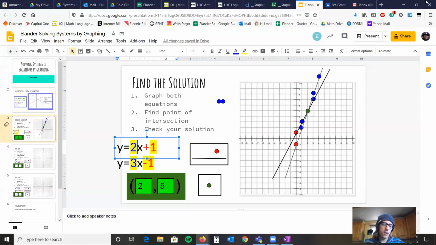We take our answer, our coordinate pair, and what do we do with it? Go ahead and answer in the chat. What do we do to check our solution? You're going to take it and you're going to, it starts with an S. You're going to what?